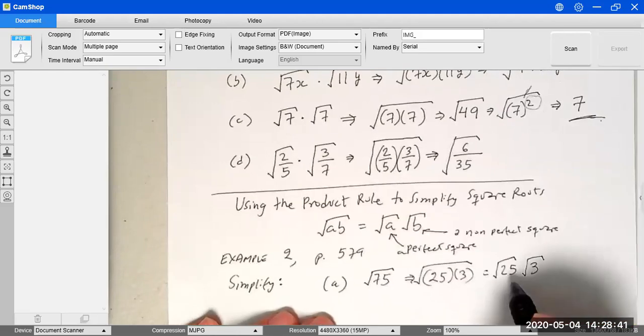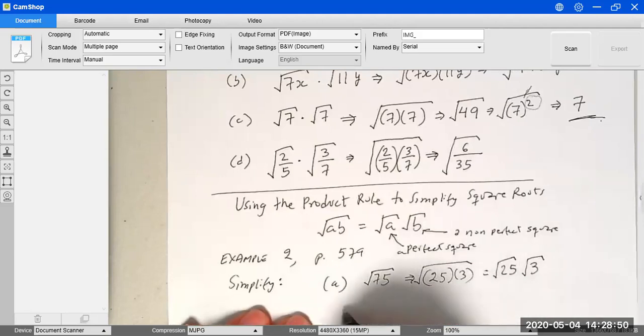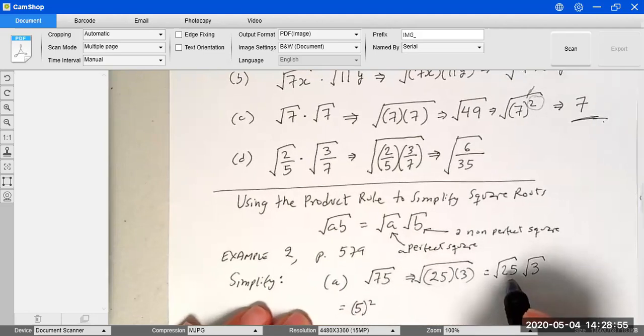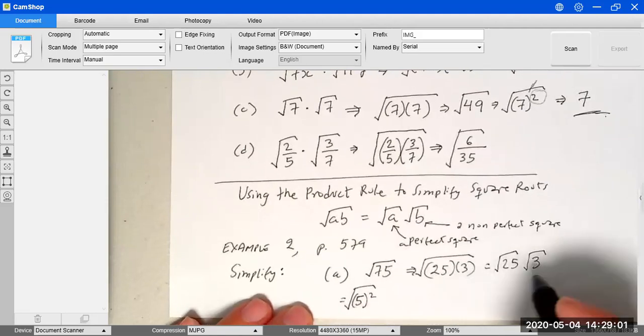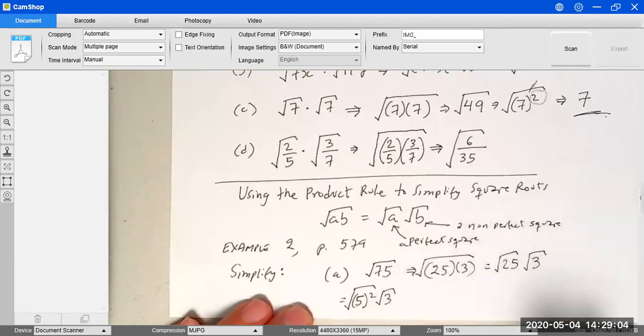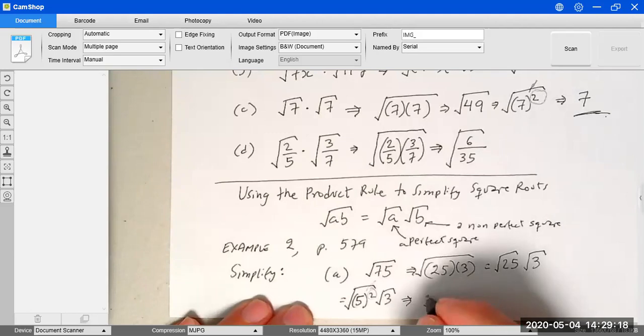The one that we can simplify is the one that is a perfect square. So you're going to rewrite the square root of 25 as 5 squared. I'm rewriting this as a perfect square, and I have the square root. The other one, we just copy because we cannot do anything with a non-perfect square. Now, you can remove the radical sign and the exponent here. So you end up with 5 and then square root of 3.